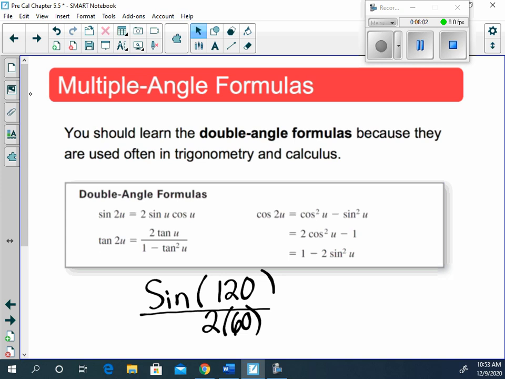Because now with these formulas here, for the most part, 30, 45, and 60 can give me a lot of stuff. Here, well, 30 can give me 60, well, 60 can give me 120. 45 can give me 90. And I can use any of these multiples to figure this out.